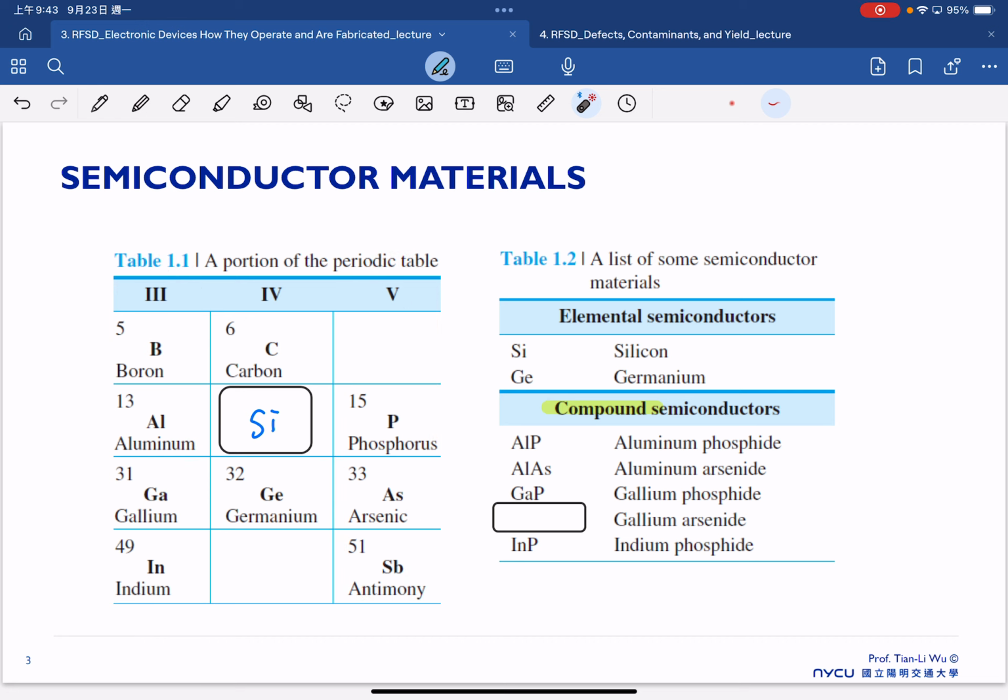For example, here, aluminum phosphide, aluminum arsenide. So this is a combination between this one and this one, or between this one and this one. Or for example, gallium phosphide, the combination between this one and this one.